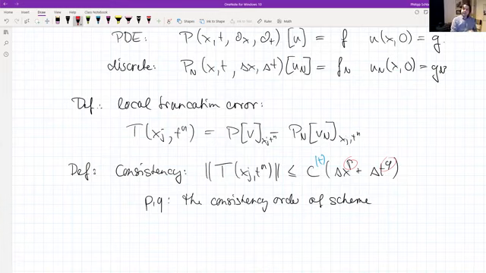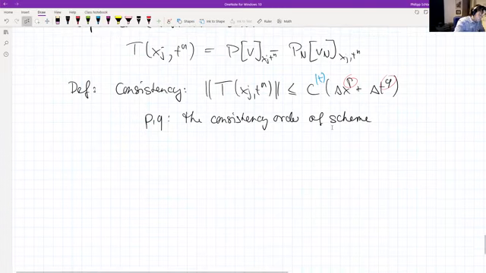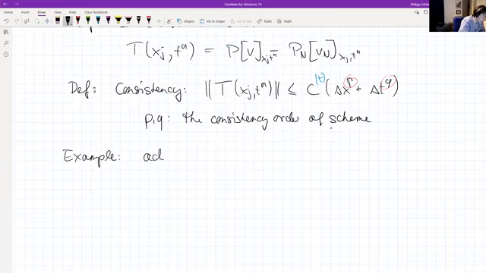Okay, so this is consistency, and actually to show consistency is not very difficult to do. And I will just do that on one simple example so that we can kind of understand what is meant by that. I take the advection equation. You will see many of my examples are done with the advection equation.